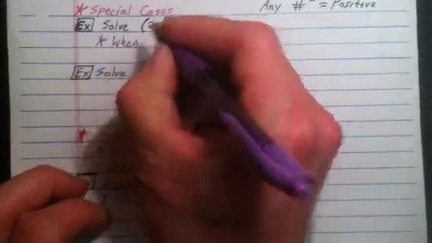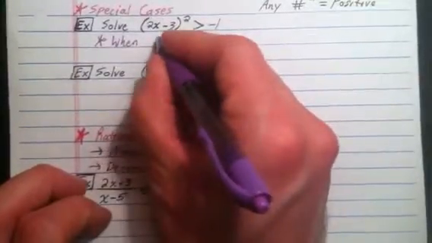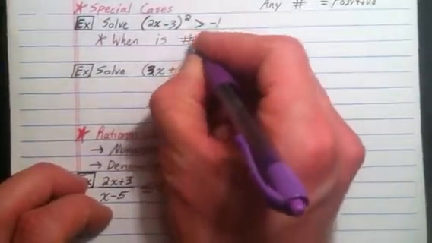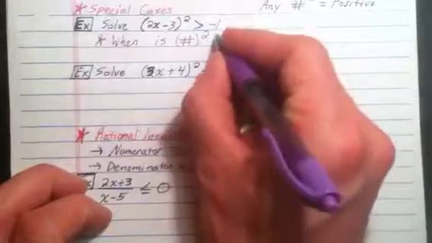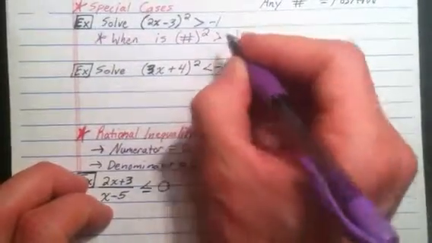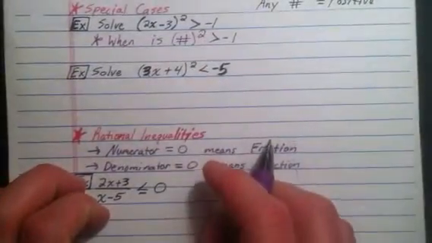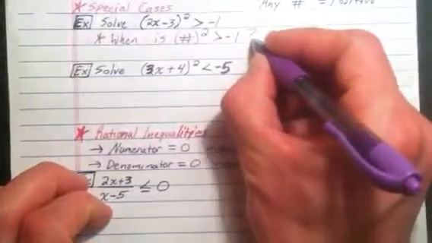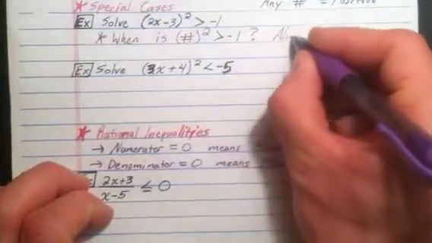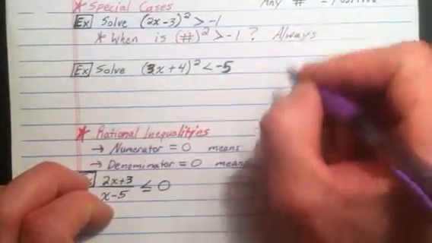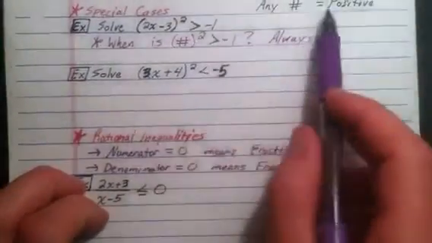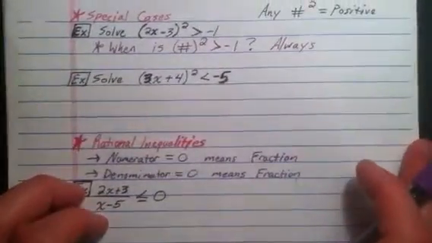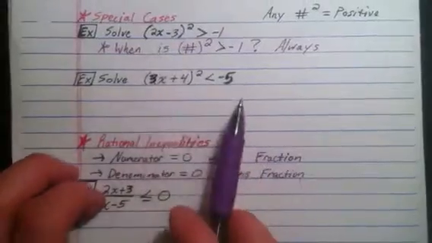It's kind of asking, when are we going to have some number squared be greater than negative 1? Well, always, because we just said it's always going to be a positive result when we square something.